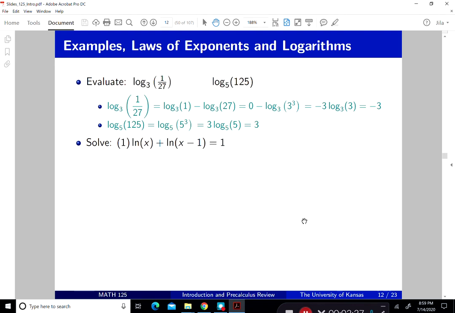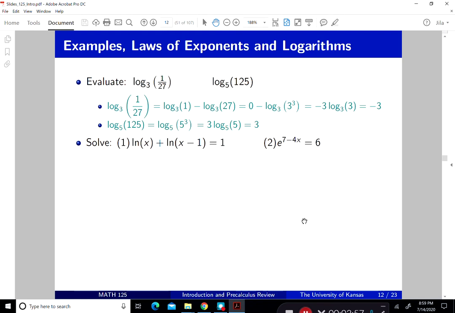Now let's do a few more laws of logarithms. Natural log of x plus natural log of x minus 1 equal to 1. And this is an equation. How do we solve this?